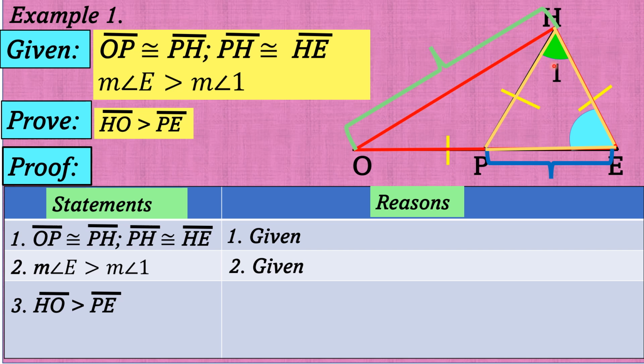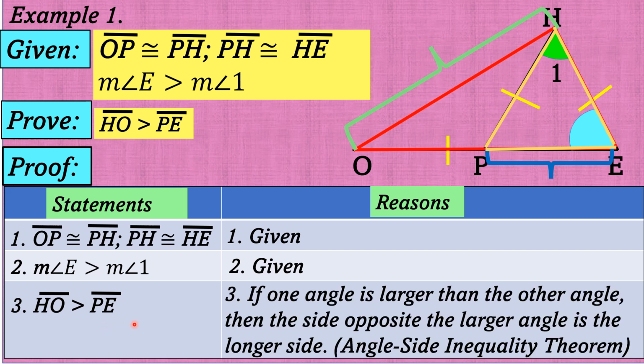So, by angle-side inequality theorem, we can justify na talagang side HO is greater than side PE. Bakit? Because according to the angle-side inequality theorem, if one angle is greater than the other angle, then the opposite side of the larger angle is the longer side.